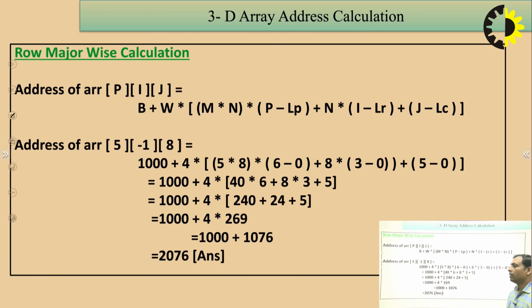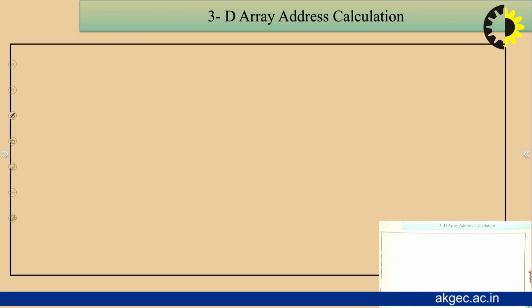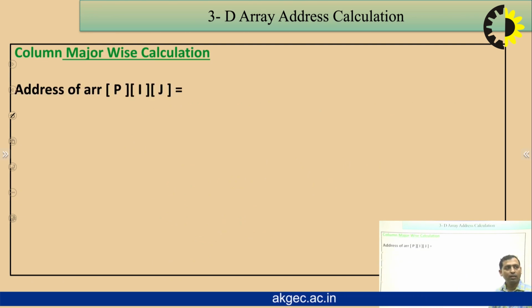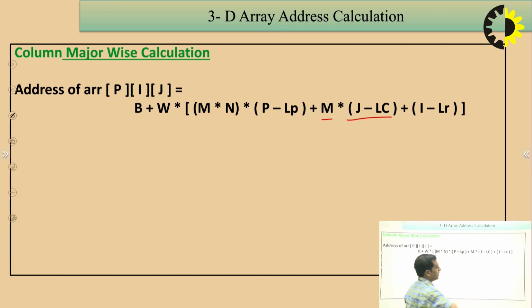We have studied the concepts, and next is the column measure wise calculation. In the column measure the formula has now changed. Now the column part comes before, and the number of elements per column, that is M, and that is I minus LR.